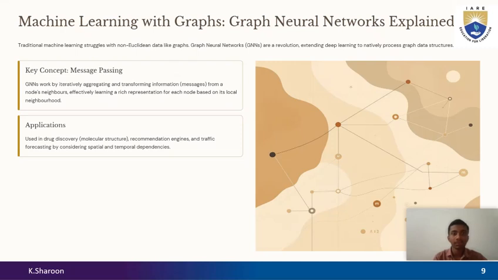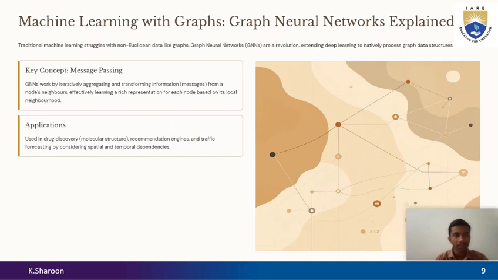Machine learning with graphs: graph neural networks explained. Traditional machine learning struggles with non-Euclidean data like graphs. Graph neural networks, GNNs, are a revolution, extending deep learning to natively process graph structures. The key concept is message passing.